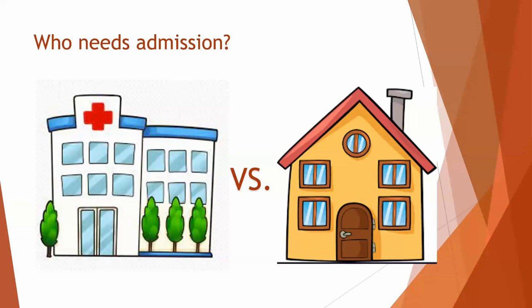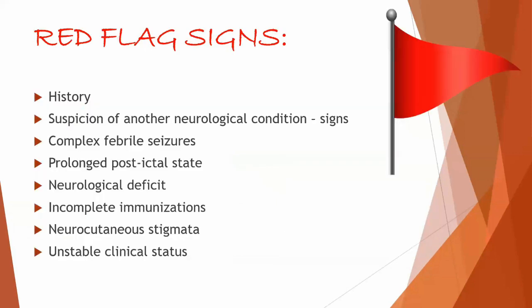You have to look at red flag signs. I've put together some of the important red flag signs. First of all, on the history: if it was a complex febrile seizure and it is recurrent, or the child's not returning to baseline, or there are other signs that might indicate meningeal infection or encephalitis.